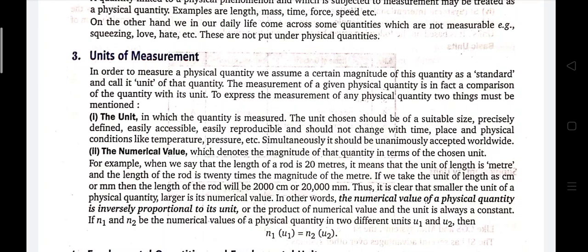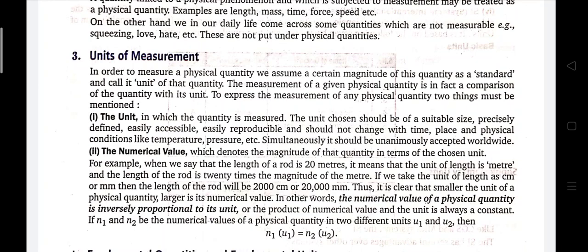Like, a given length of an iron rod is considered as 1 meter, or a given mass that was initially taken was told to be 1 kilogram. Now whatever we are measuring in terms of that, we are getting its magnitude.